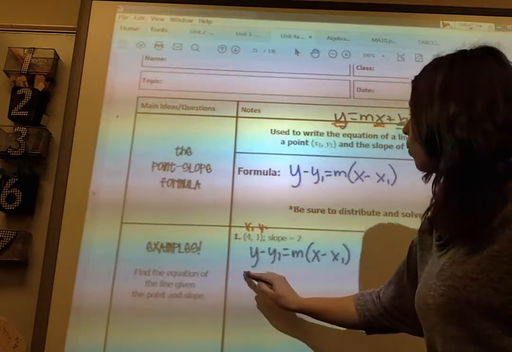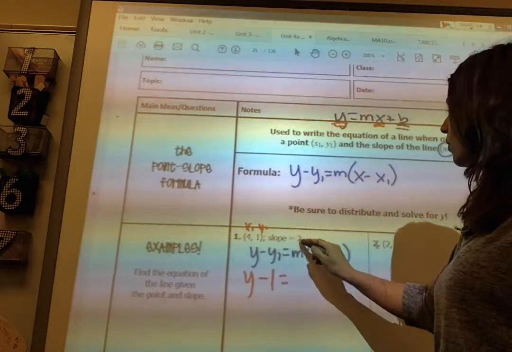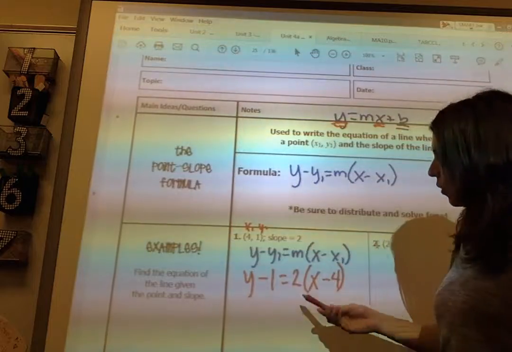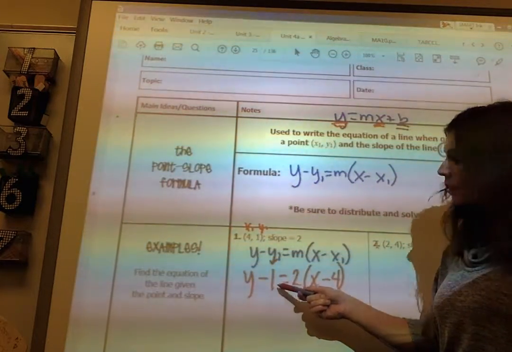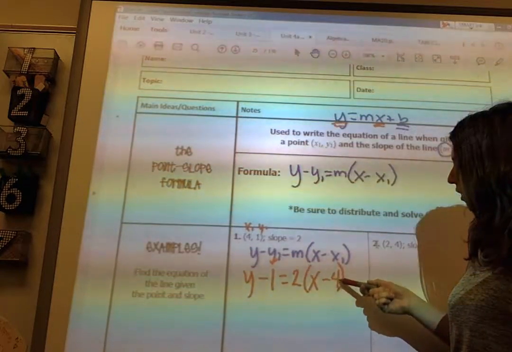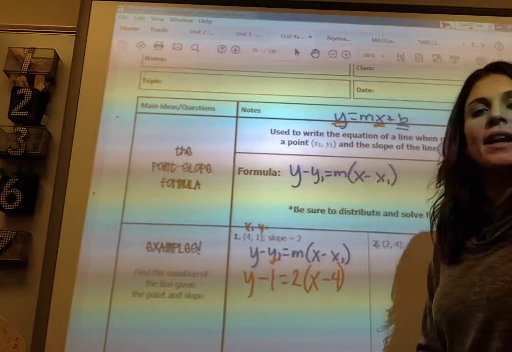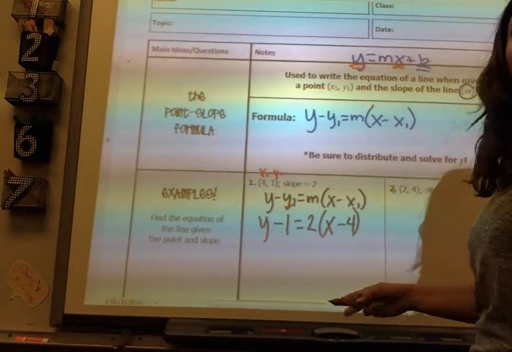So y minus 1, your y1 value is 1, equals, your slope is 2, x minus 4. So all I did is I substituted y1 is 1, and I substituted my x1 value, -4, into this x1. And now when I look at it, it should be instinctual by now. All we want to do is distribute and solve.